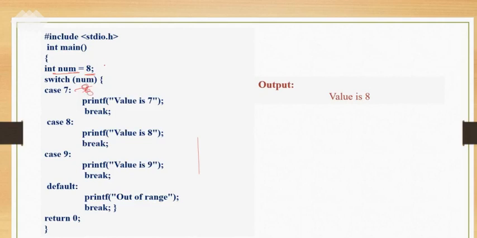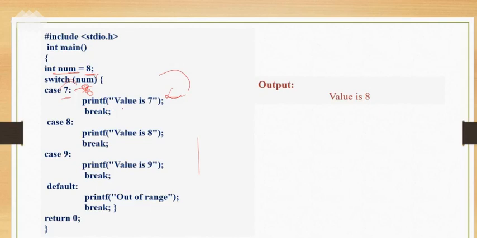Here it is 8, so it will show 1, that means true, and come here. It's not important to start each time with 1, 2, 3. You can take any value for the case. If we are taking integers, we can start with 7, 8, 9. So you can take any number, but it should be a constant, right?